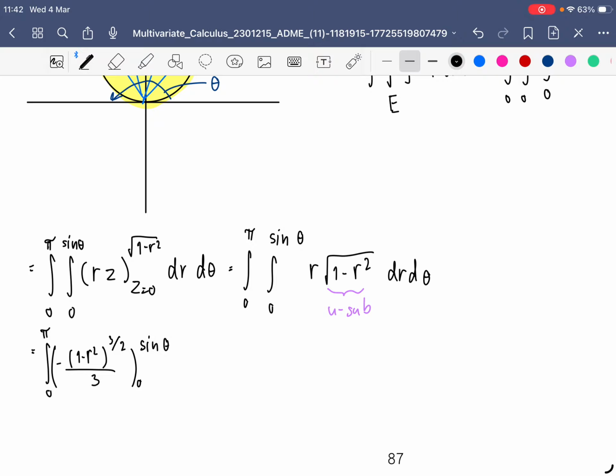You plug in r being sine theta, you get 1 minus sine squared, which is cos squared. Cos cubed theta, from 0 to pi.